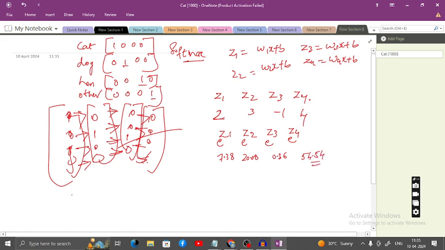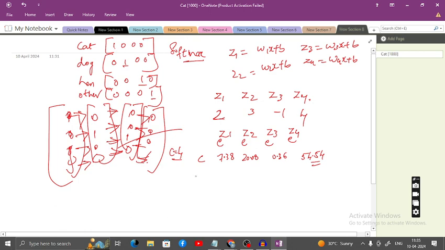These are the weights of each class: for cat 7.38, for dog 20.08, for this one 0.36, for others 54.5. How many classes? C is equal to 4, we have 4 classes.